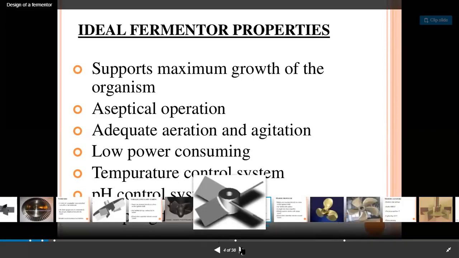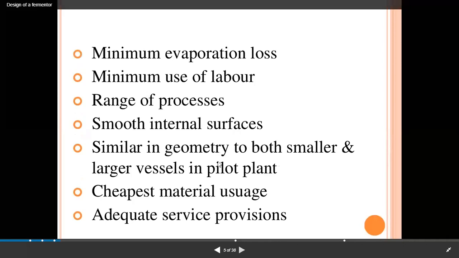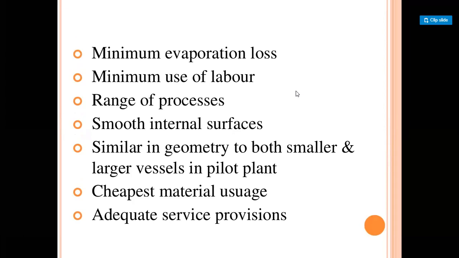Then sampling facilities. Every facility we have observed in the basic structure of the fermenter. Then minimum evaporation loss. If there is a lot of evaporation in the system, you need to provide a large amount of water, and nutrients are also wasted. So we need to control the loss of water.